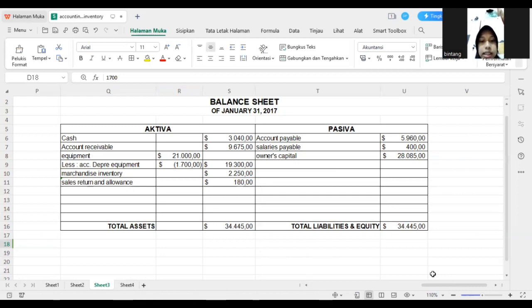So we get $19,300. And merchandise inventory, the amount is $2,250. And sales return and allowance, the amount is $180.